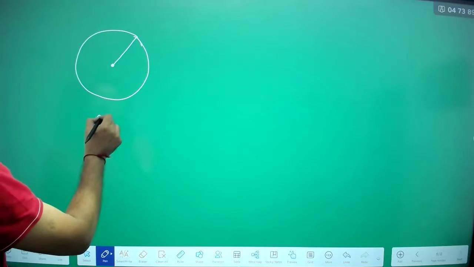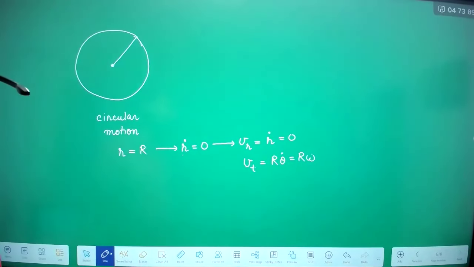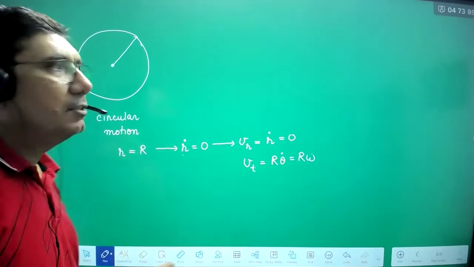If r dot is 0, then automatically vr, the radial component, which is equal to r dot, will be 0. vt, the tangential velocity, will be there, and this will be r theta dot, or you can say r omega. So basically in circular motion, only one type of velocity exists, that is tangential velocity.